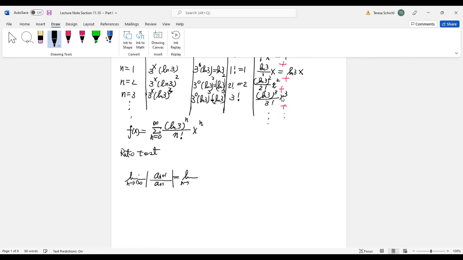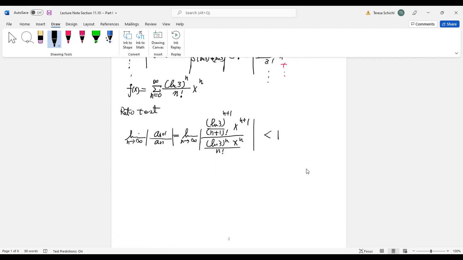So we say n approaches infinity. So what is a sub n plus 1? This will be natural log 3 to the n plus 1, x to the n plus 1, over n plus 1 factorial, and divided by natural log 3 to the n, x to the n, over n factorial, right? We want this to be less than 1, right, in order to be convergent here.